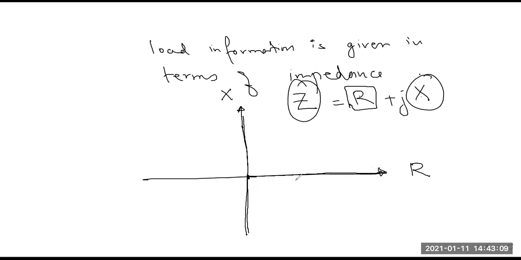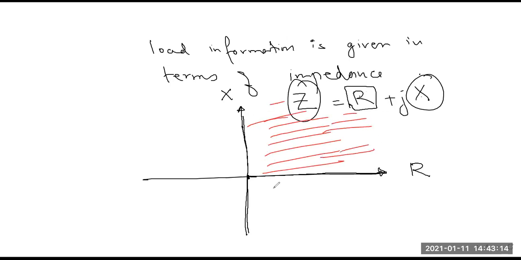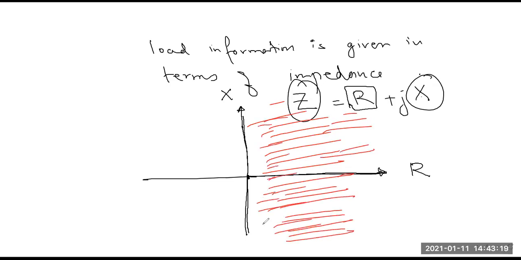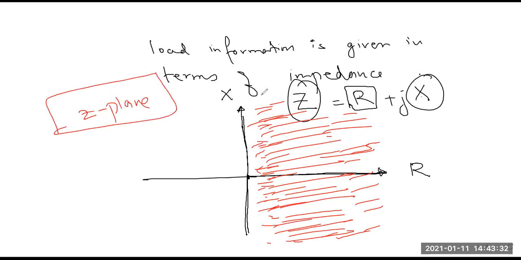So the point is, all possible values of Z will be within this region. So this is Z plane. On Z plane, if I want to represent my load graphically, it will be anywhere within this region, depending upon its real part and its imaginary part.